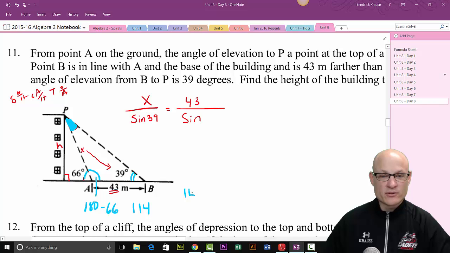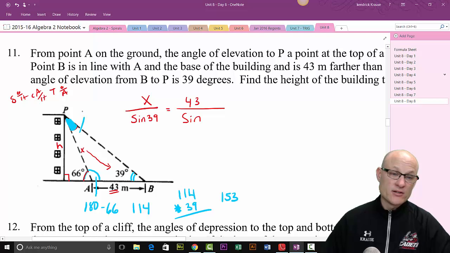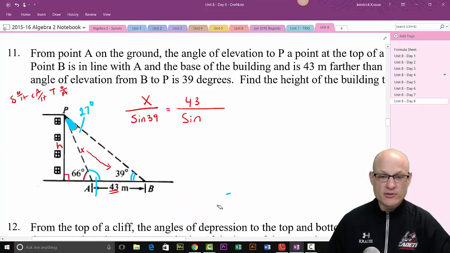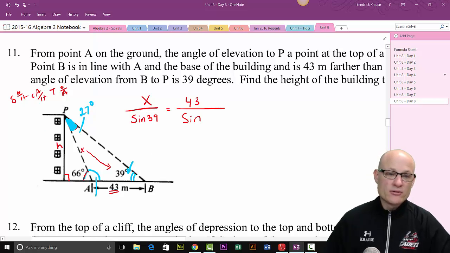Now if I take that 114 degrees and add 39, that makes 153, and that makes this then 27 degrees, because they have to add up to 180. The other way to do it, for those of you that are really smart from geometry, you know that the two remote angles have to add up to 66.